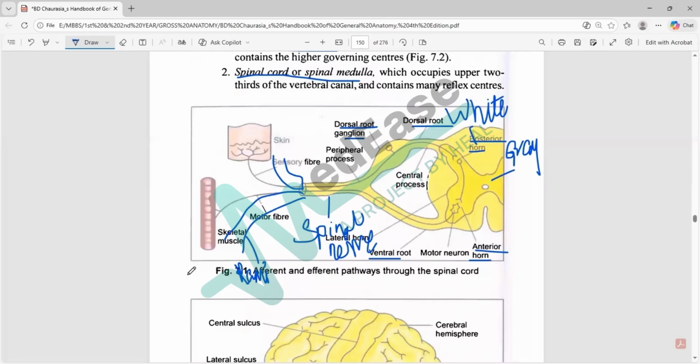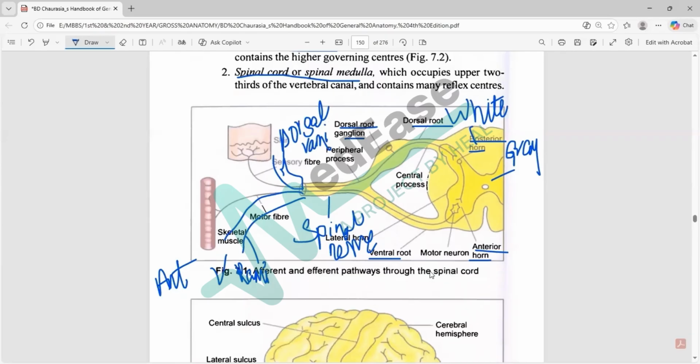The ventral rami, which is present on the anterior aspect, will be mainly involved in supplying the limbs and most of the anterior part of the trunk. When we talk about the dorsal rami, this will be mainly involved in supplying the back with the skin and its musculature. This is the dorsal ramus, mainly or dorsal rami.